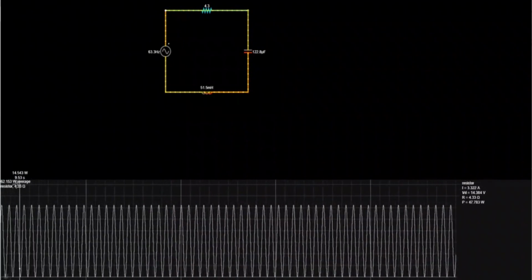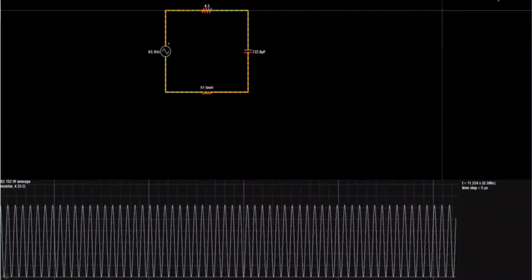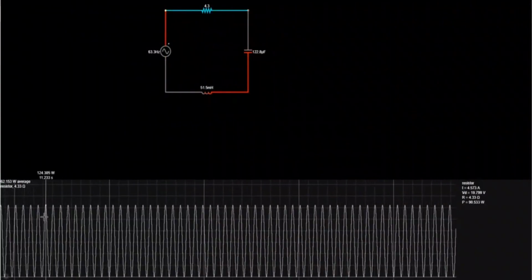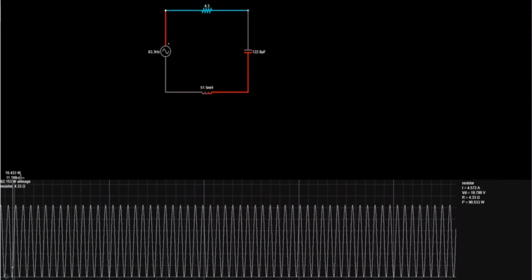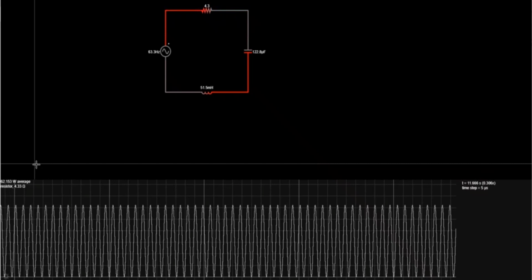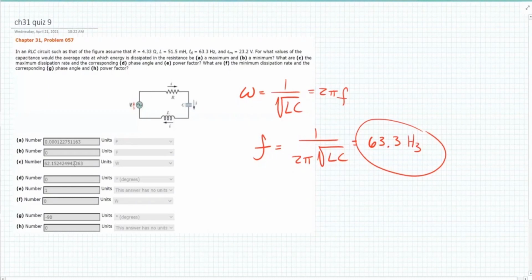So right here, this top left average, if I stop my simulation and hover at the top left portion of this graph, it says 62.153 watts are being dissipated in the form of heat via that resistor, which agrees with what we got using math and physics.